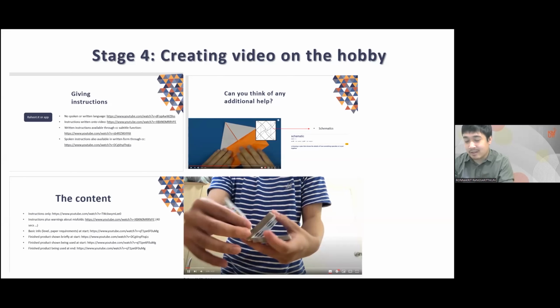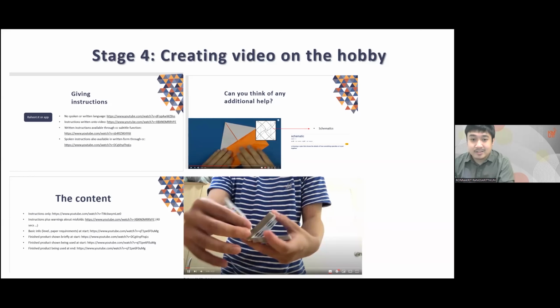So they go and analyze on their own. Another thing to help the audience understand and follow your video is to use additional help like schematics. If you watch origami videos, quite a lot of them use schematics to help the audience follow the speaker.